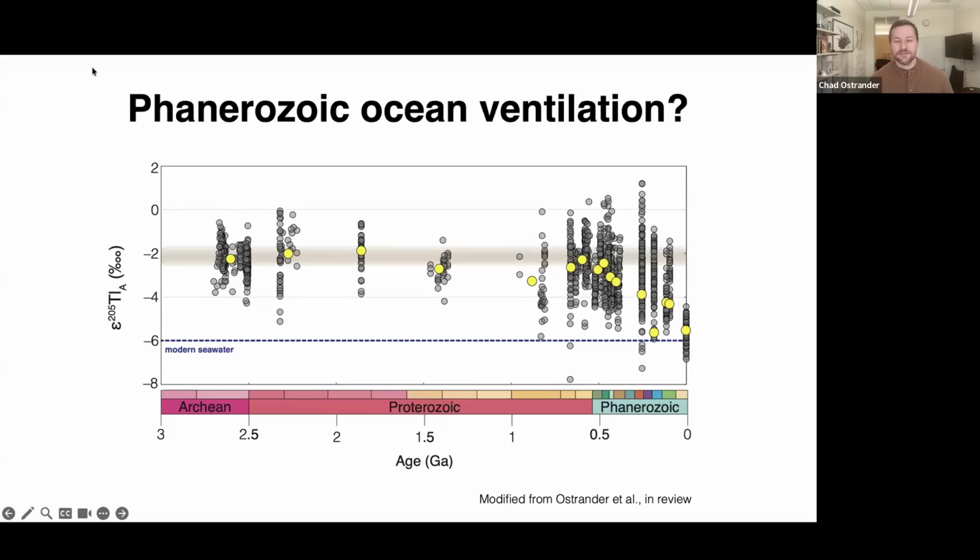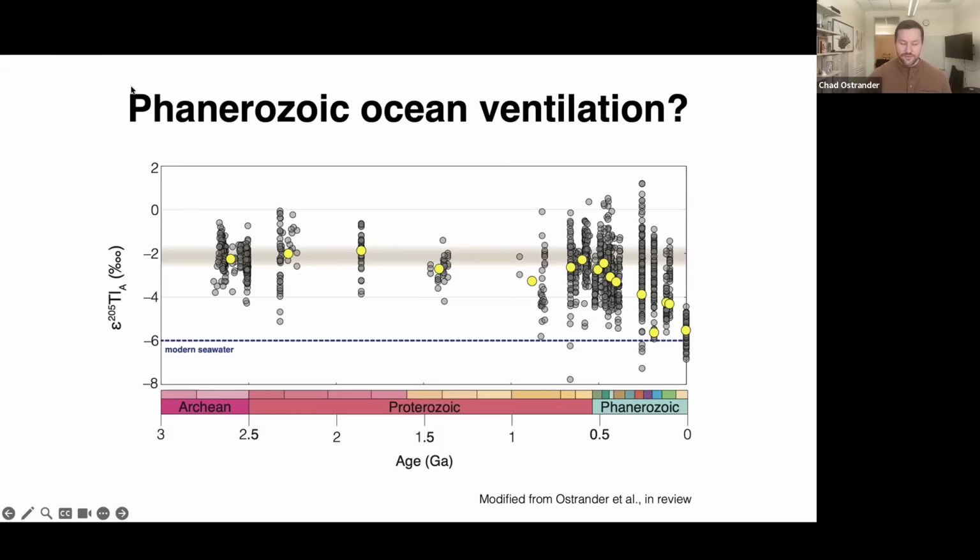You don't really see consistently low thallium isotope compositions till about the rise of land plants, which is neat. Although there are some exceptions to the rule, we do see some negative blips at different time frames, and we've written about that in some papers. I have a lot of these applications summarized in my supplementary slides as well, for those of you interested in looking at individual timeframes in the past.